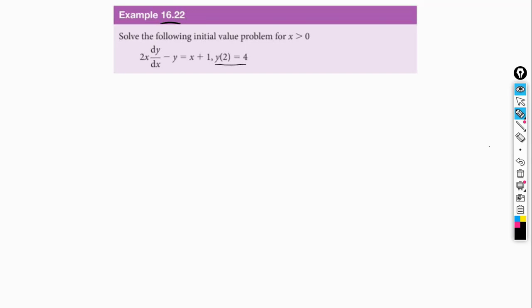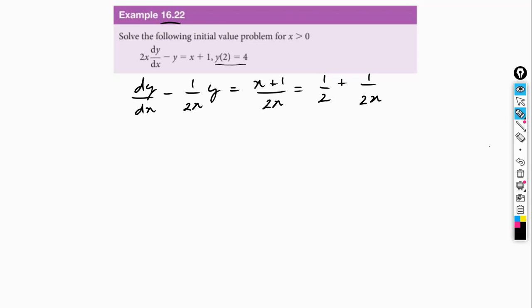So first of all, let's divide both sides by 2x, and we're going to get dy/dx minus 1 over 2x times y is equal to x plus 1 divided by 2x. But I'm going to separate this expression on the right-hand side because it'll be easier to integrate if we express it as 1/2 plus 1 over 2x.